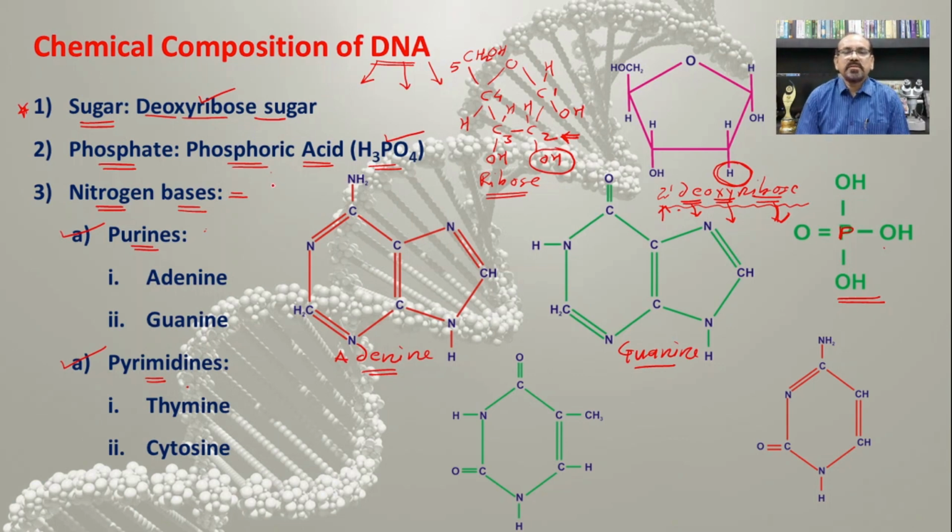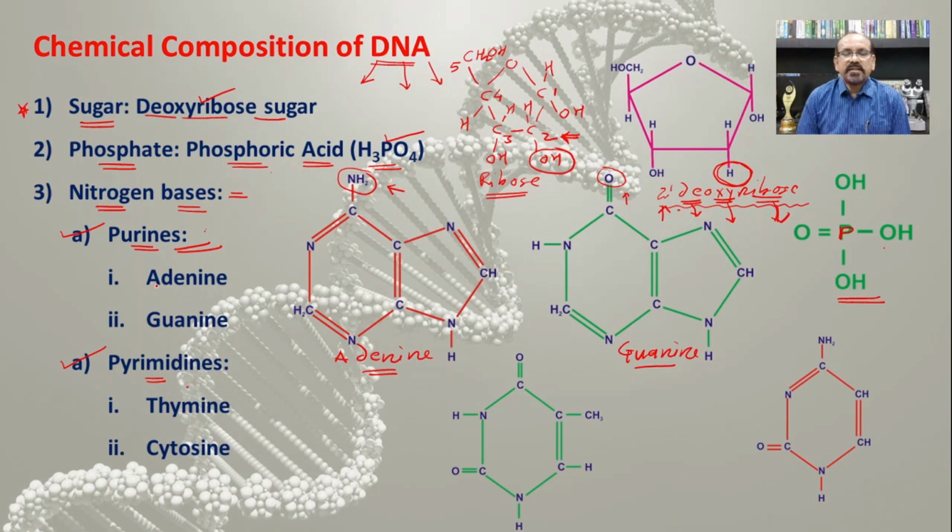Almost both are similar, having only a difference at some places. So this is a specific type of difference between the adenine and the guanine, and both are purine bases and they are double ring structures.